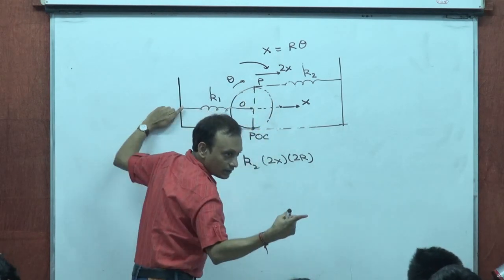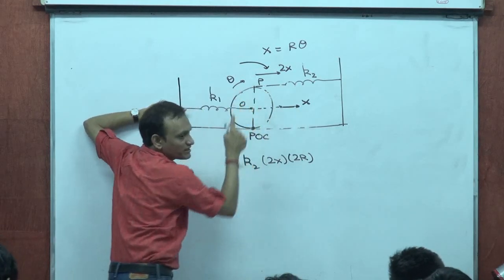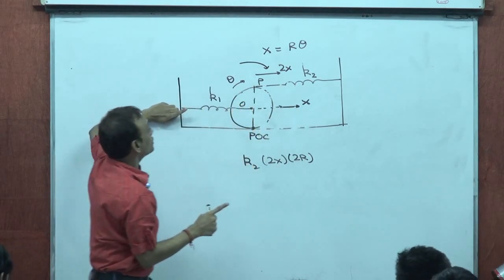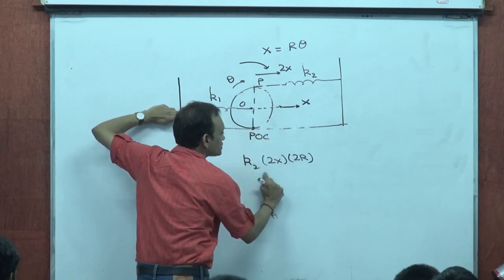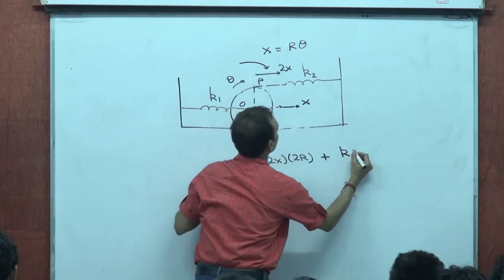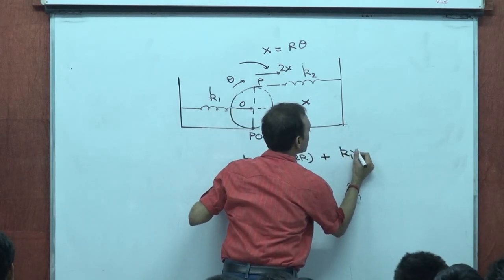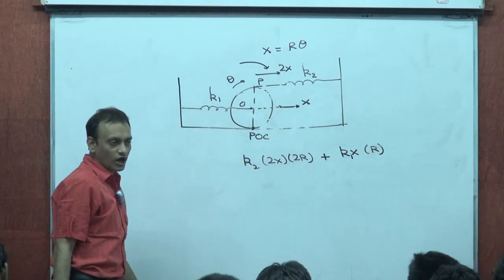I'll explain again here. So both this spring and this spring are opposing theta. So the restoring torque by the spring connected to P is this. The restoring torque by this spring about the point of contact is K1x into R. That's a restoring torque.